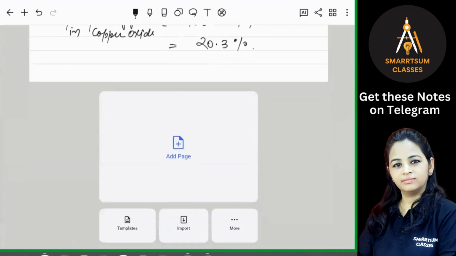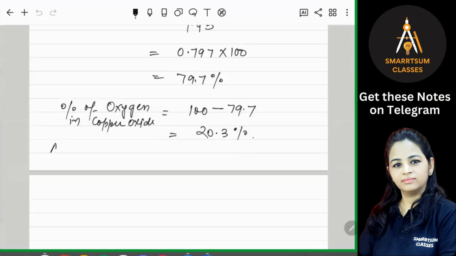Is that clear? So write down: the percentage of copper and oxygen in copper oxide in both cases is the same.